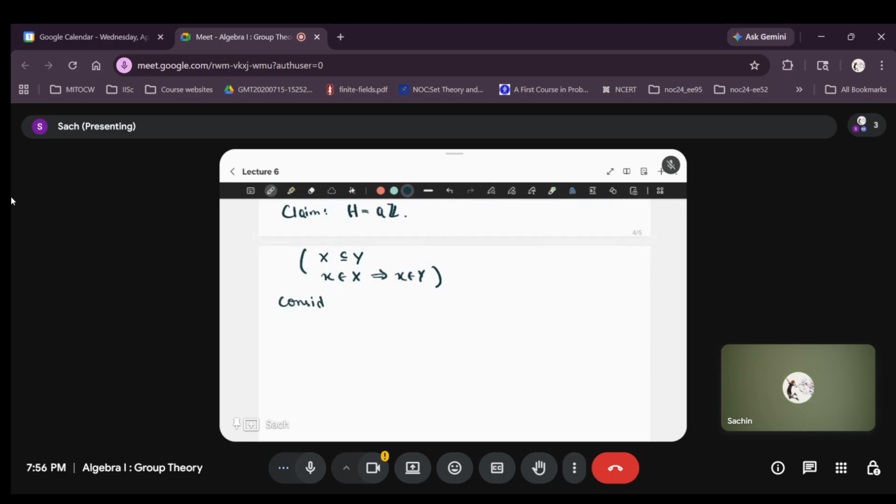Consider x in AZ, then x is AN for some n in Z. But since it is integers, AN and NA both are the same. And since it is integers, NA is nothing but A added n times.